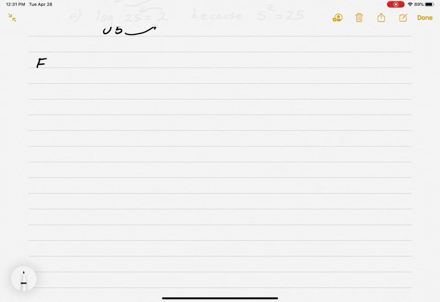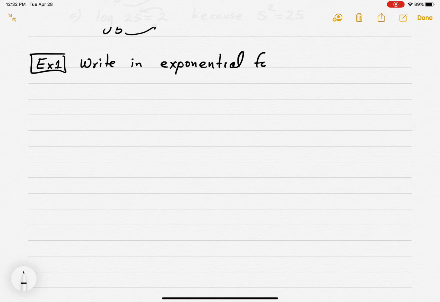So here's an example. Let's call this example number 1. Can we write the expression in exponential form? So we're going to write these equations in exponential form. Say, for example, the log base 4 of 4 equals 1.